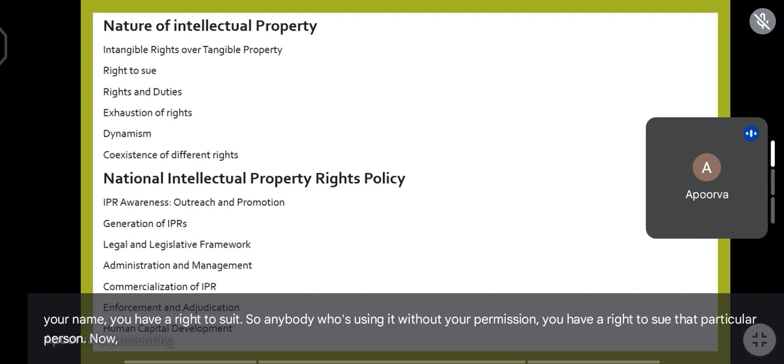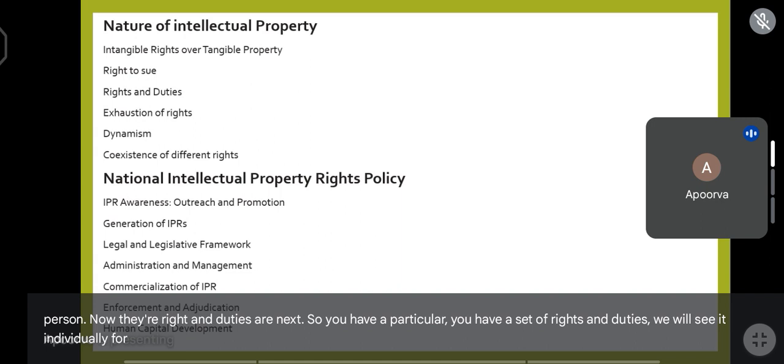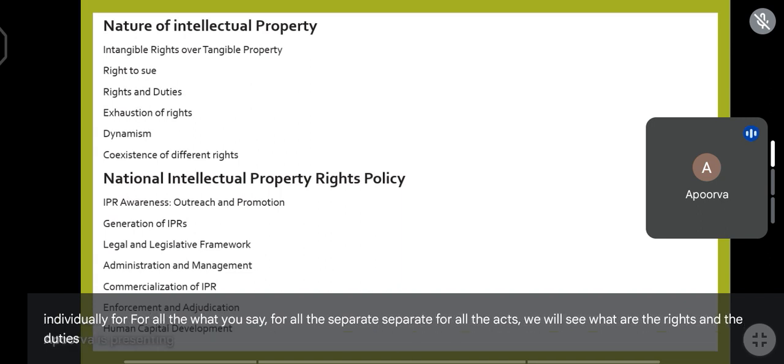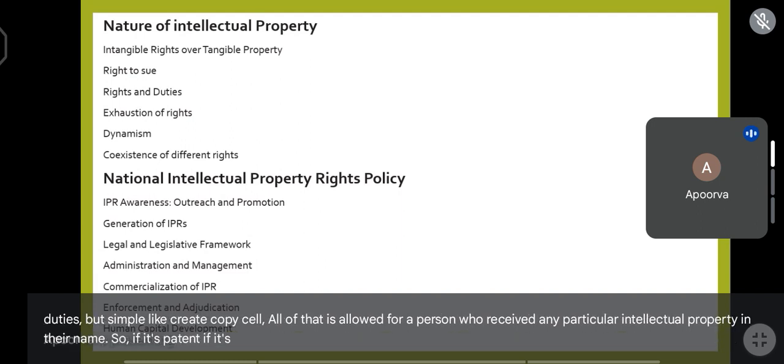Now, their rights and duties are next. You have a set of rights and duties. We will see them individually for all the acts. But simply, create, copy, sell, all of that is allowed for a person who has received any intellectual property in their name, whether it's a patent, copyright, or geographical indication.